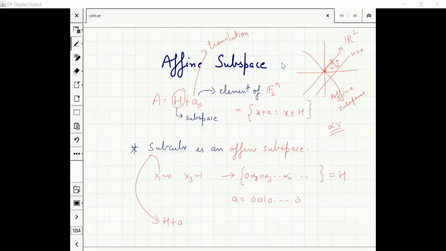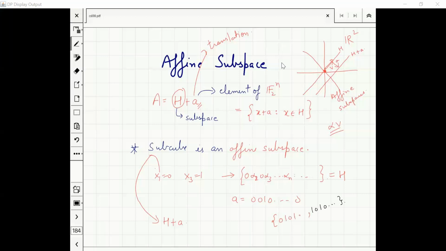You want to come up with an affine subspace that has just two elements, but it should not be a subspace and should not be a subcube. Alternate 0s and 1s: 0 1 0 1 0 1, and the next one is 1 0 1 0 1 0.